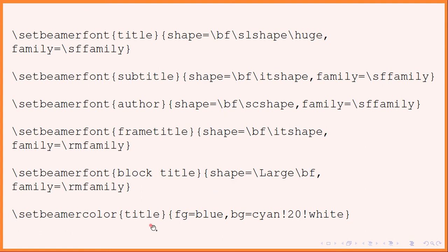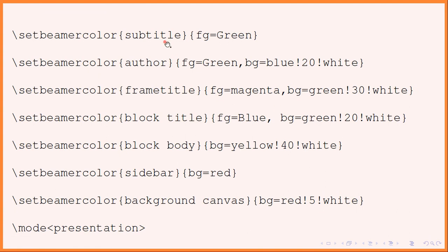Color of the title: foreground is blue, that means font color will be blue, and background will be 20% cyan and 80% white, so it is like this. Then subtitle color: foreground will be green, subtitle background color is ignored, so it is not written here.